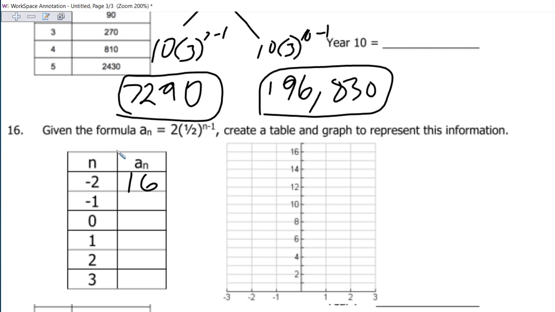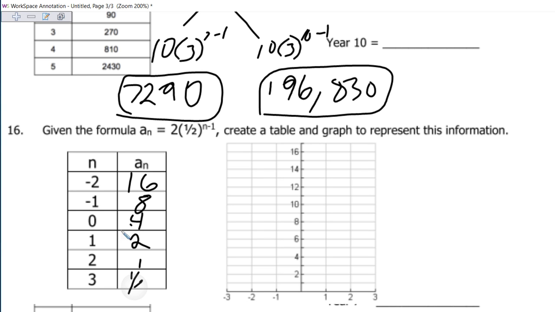And then 1/2 raised to the -2 power is 4. 4 times 2 is 8. And then 0 minus 1 is -1. 1/2 raised to the -1 power is 2. 2 times 2 is 4. And I'm beginning to pick up on a pattern here: 16, 8, 4, 2, 1. And that would probably be 1/2.